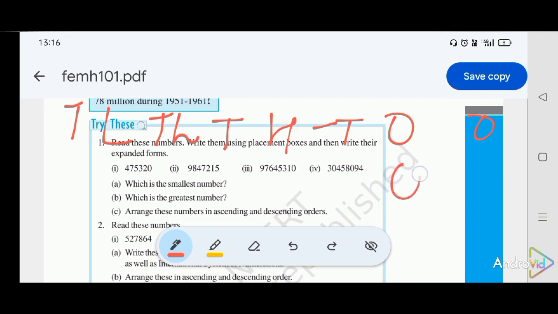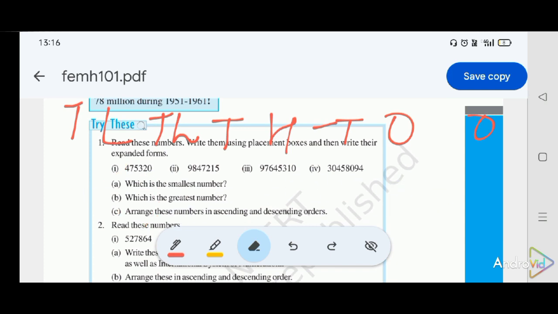So in ones place it is 0, tens place it is 2, hundreds place it is 3, thousands place it is 5, 10,000s place it is 7, and in lakhs place it is 4. So it is 4,75,320. This is for the first number.